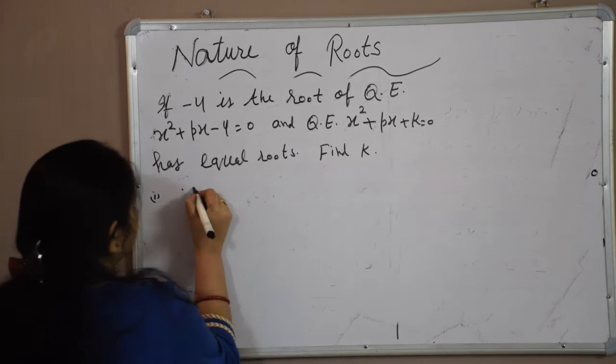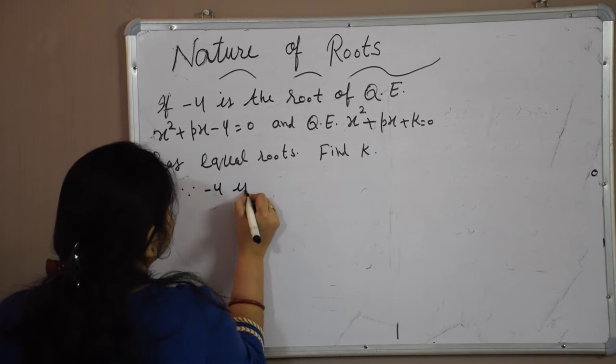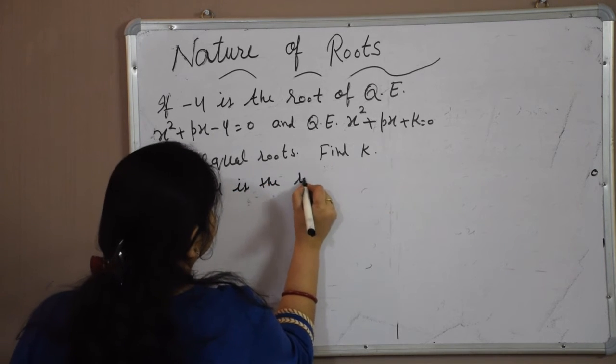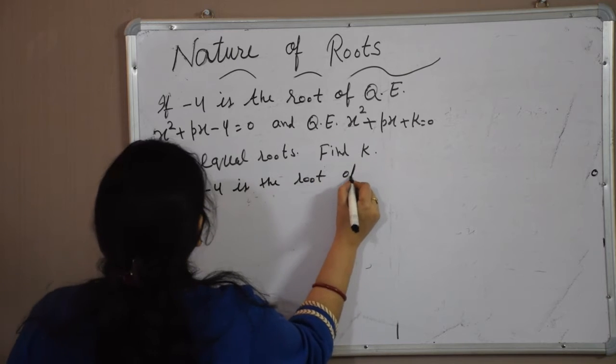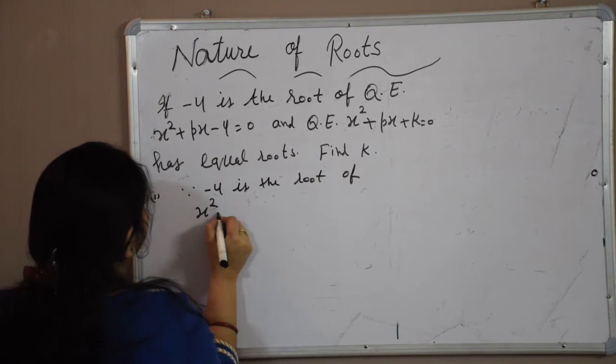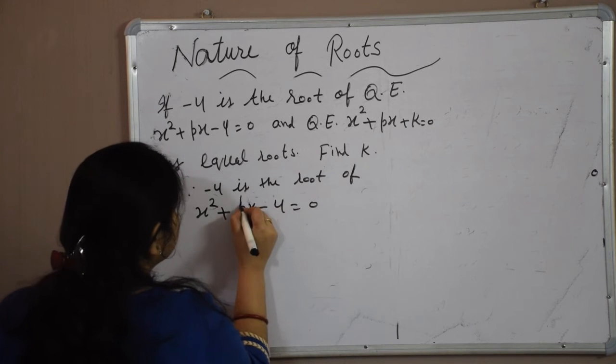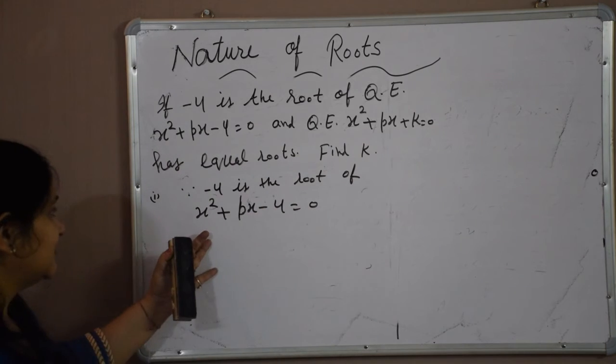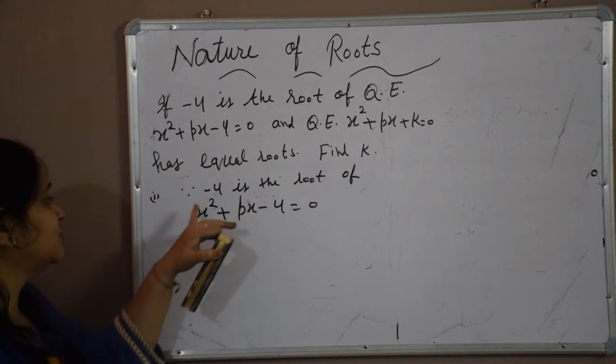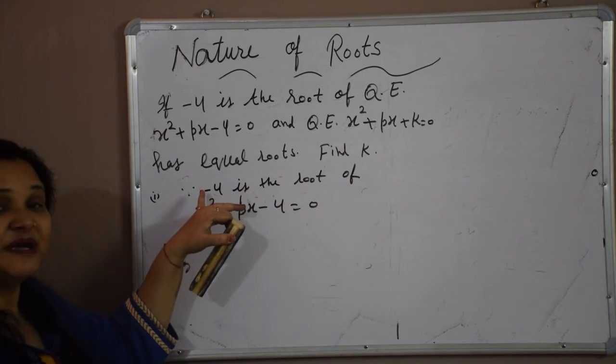So because minus 4 is the root of x square plus px minus 4 is equal to 0, definitely it will satisfy the given equation. So in place of x we can put minus 4.